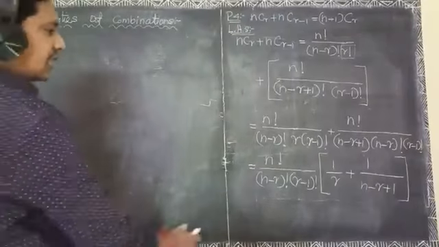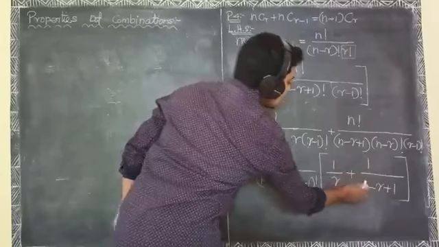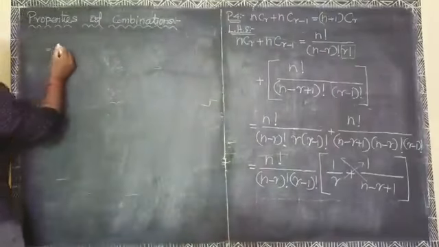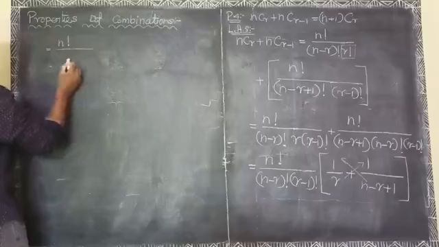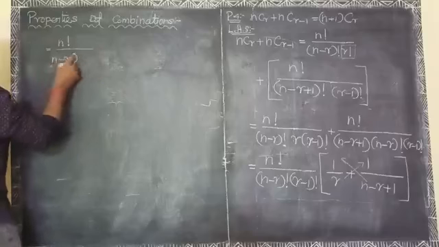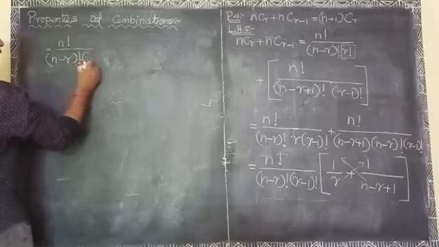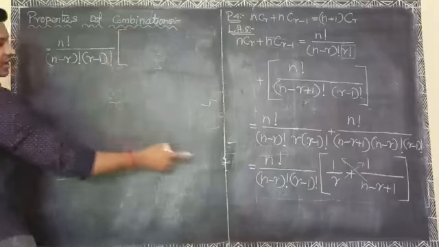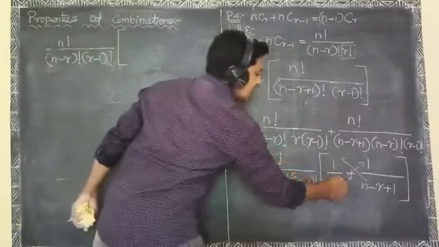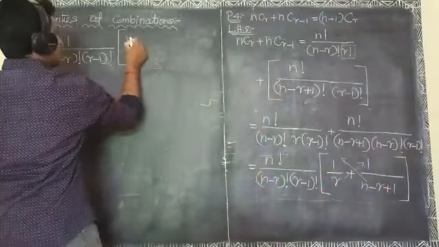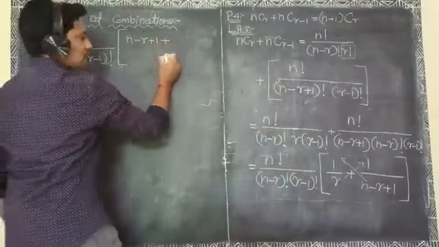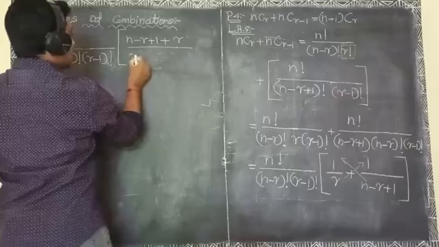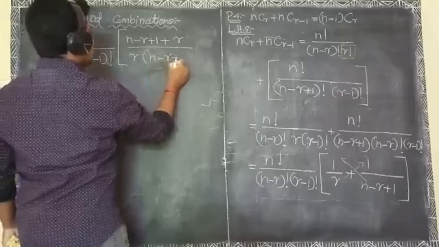Here we take the LCM, that is using cross multiplication: n factorial divided by (n minus r) factorial into (r minus 1) factorial. Using cross multiplication, 1 into (n minus r plus 1) is (n minus r plus 1), plus 1 into r is r, divided by r into (n minus r plus 1).